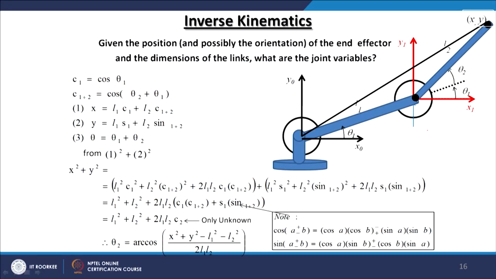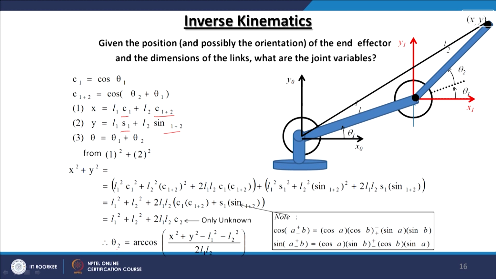So, inverse kinematics can be easily solved by simple mathematical manipulations like squaring x and y. We call C1 as cos theta 1, C12 means cos of theta 1 plus theta 2, and similarly for sine. If we square x and y, we get x square plus y square given by this expression.